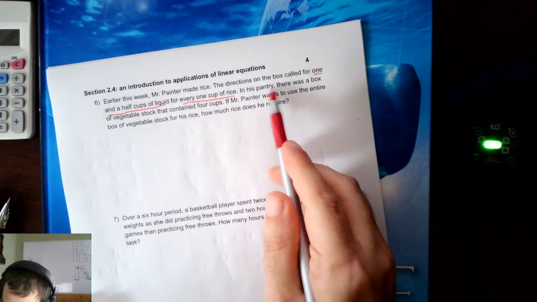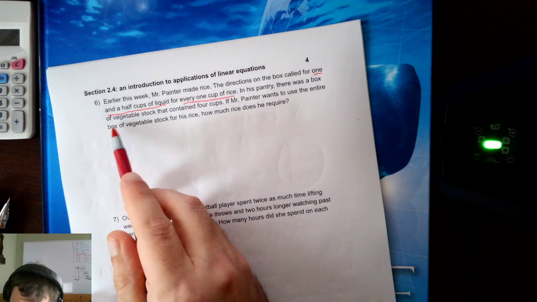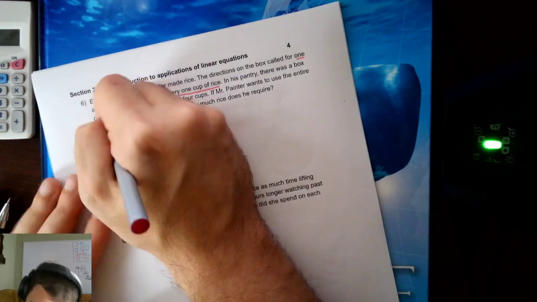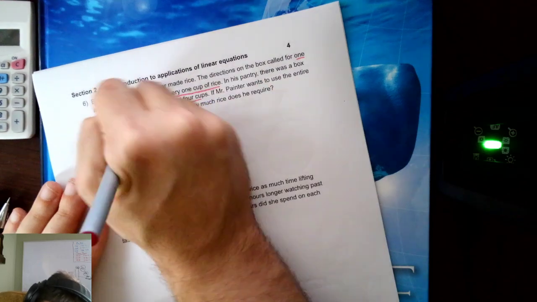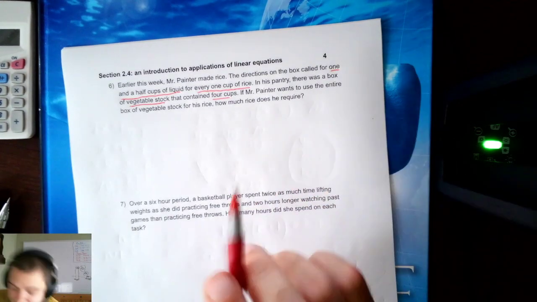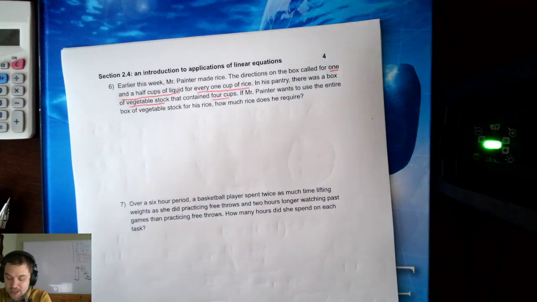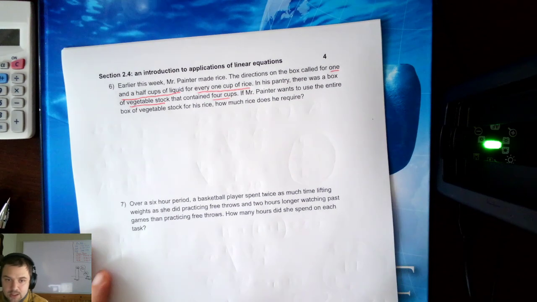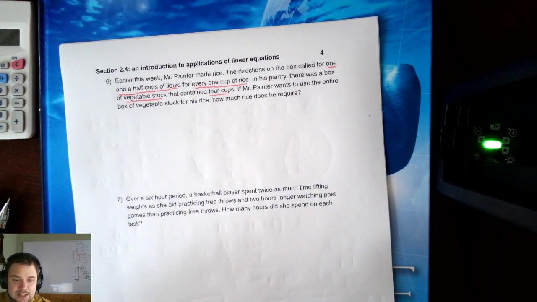In his pantry, there was a box of vegetable stock that contained 4 cups. So 4 cups of vegetable stock. If Mr. Painter wants to use the entire box of vegetable stock for his rice, how much rice does he require? So this question is trying to get us to cook some rice.